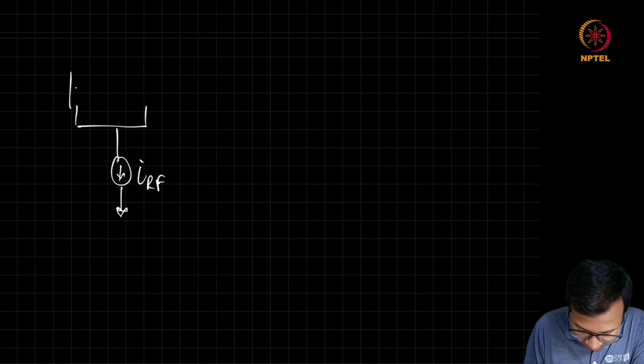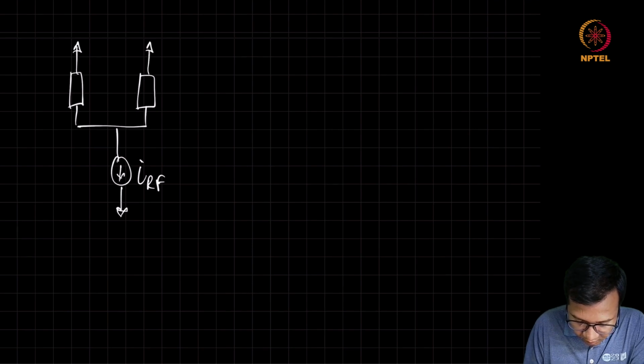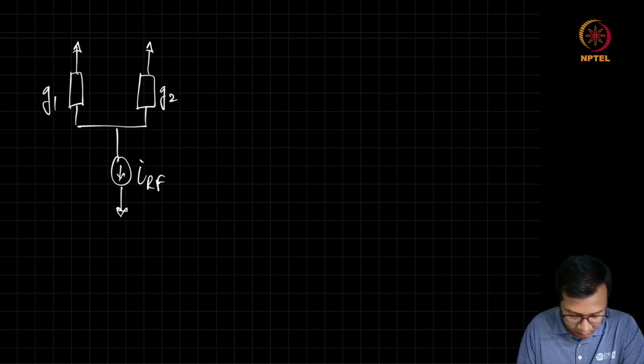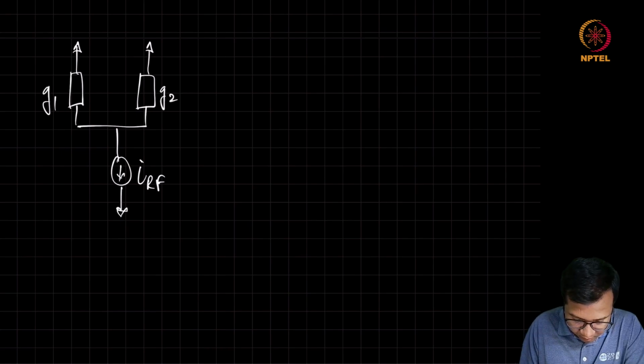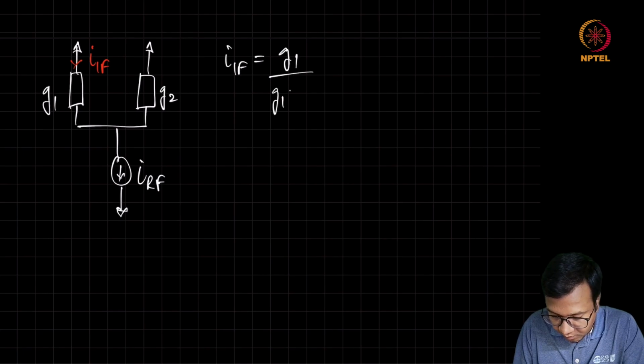So say we have these two conductances G1 and G2. If you look at, say, this current IIF, you can see that this IIF is equal to G1 by G1 plus G2 into IRF.